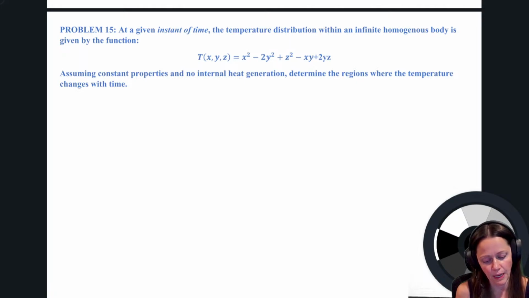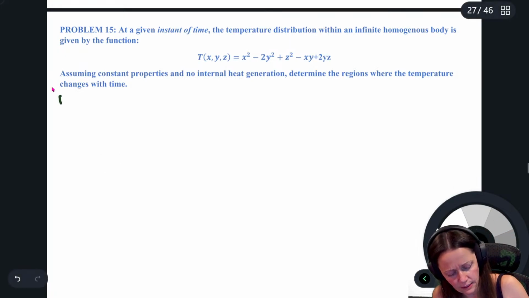It says, assuming constant properties and no internal heat generation, we want to find the regions where the temperature changes with time.